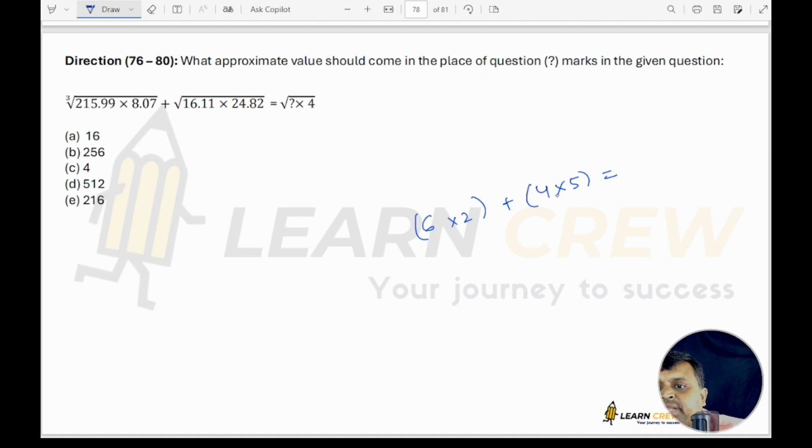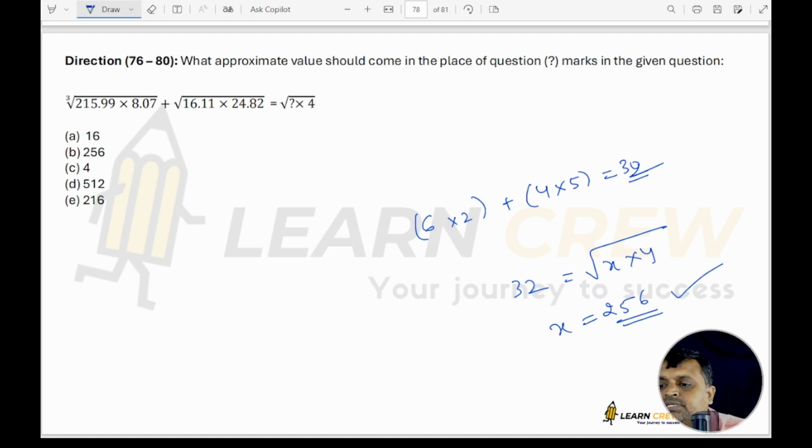So 10 plus 20 is 30. 10 plus 6 into 2 is 12. 12 plus 20 is 32. So 4 into how much? 32 is equal to square root of x into 4. 32 square is 1024. 1024 by 4 is x, which is 256.